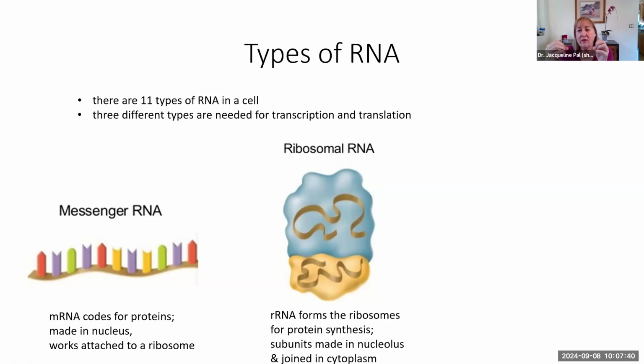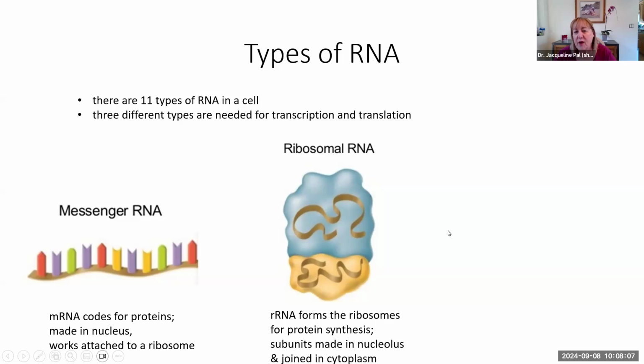And once they're in the cytosol, then they will join together in the cytoplasm, become one of the organelles. And then the messenger RNA can attach to it, right along here, where you can see the two subunits. In this case, they've made the two subunits two different colors, so you can clearly see it's two different subunits.